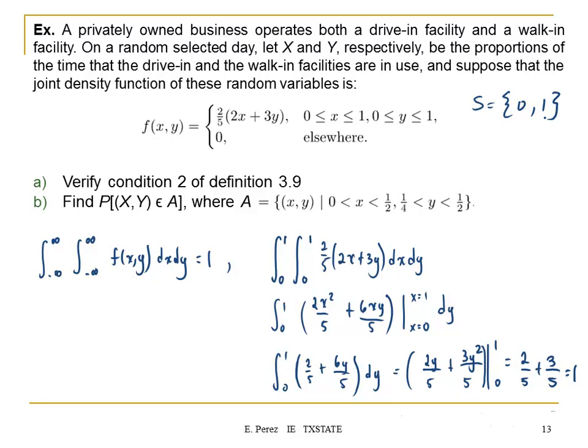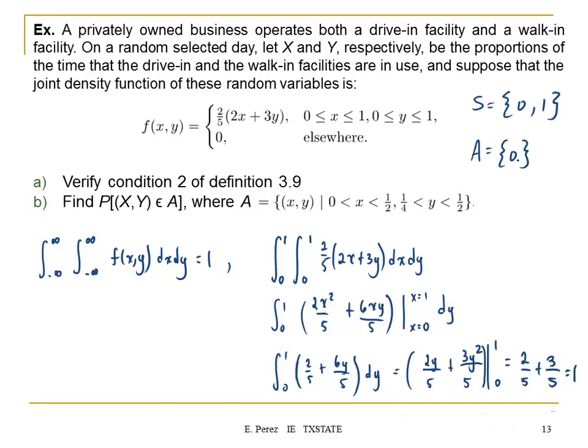If I define a subset of this sample space, we call that an event, right? So I can say A is an event of the sample space. So what I'm saying here, A is an event, and I'm trying to find the probability of that event. A is an event, a subset of the sample space. Okay, so that's what A means.